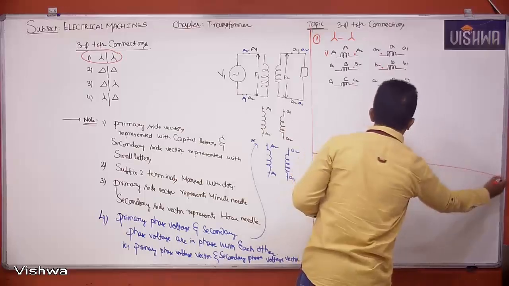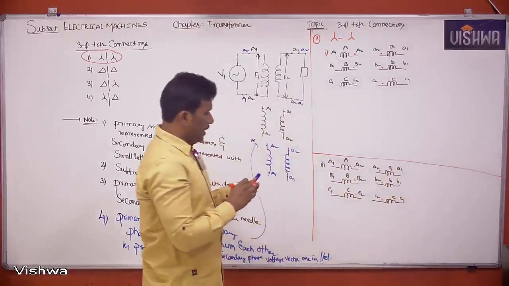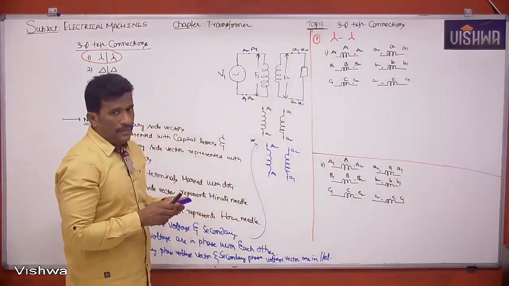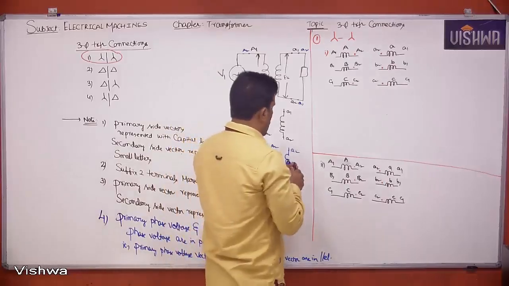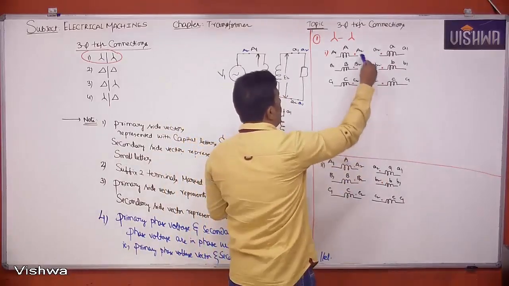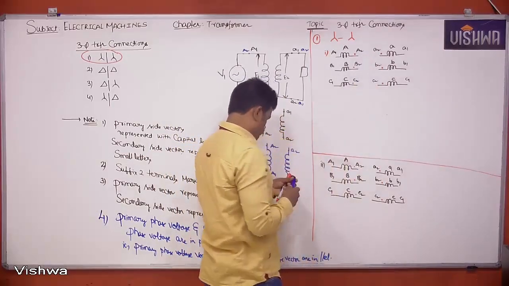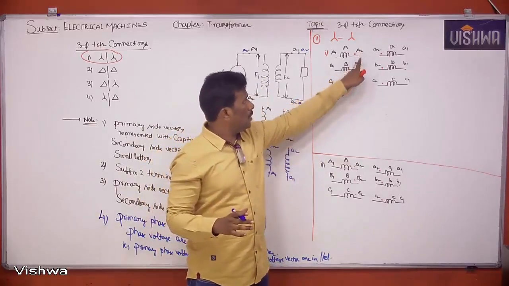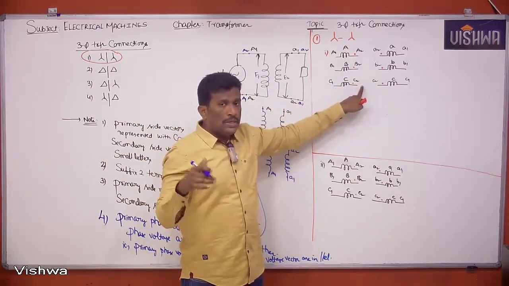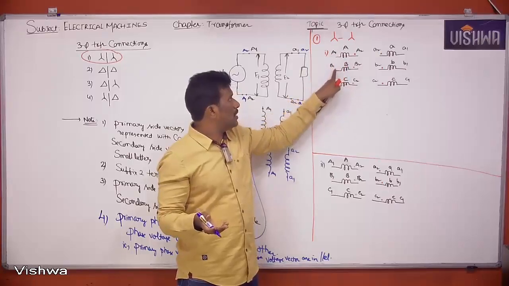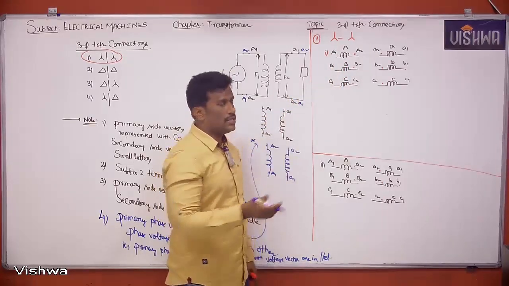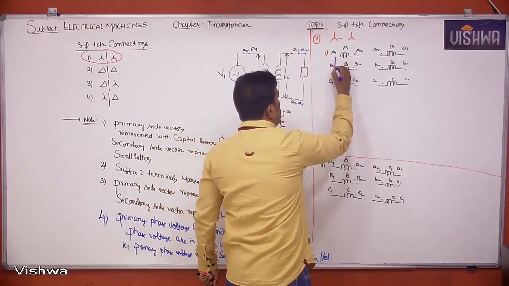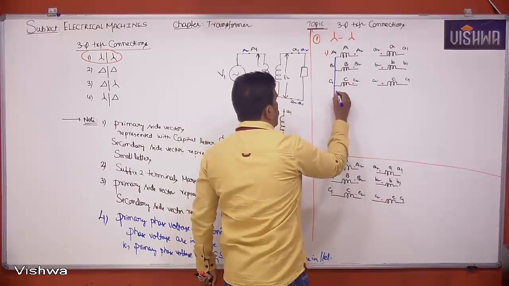Just observe clearly. In the first connection, what are we doing? It's a star connection, right? I'll give input to A2, B2, C2. Observe clearly, guys, I'll go very slow. I'll give input to A2, B2, C2. That means A1, B1, C1 should be shorted with each other, at the neutral point here.